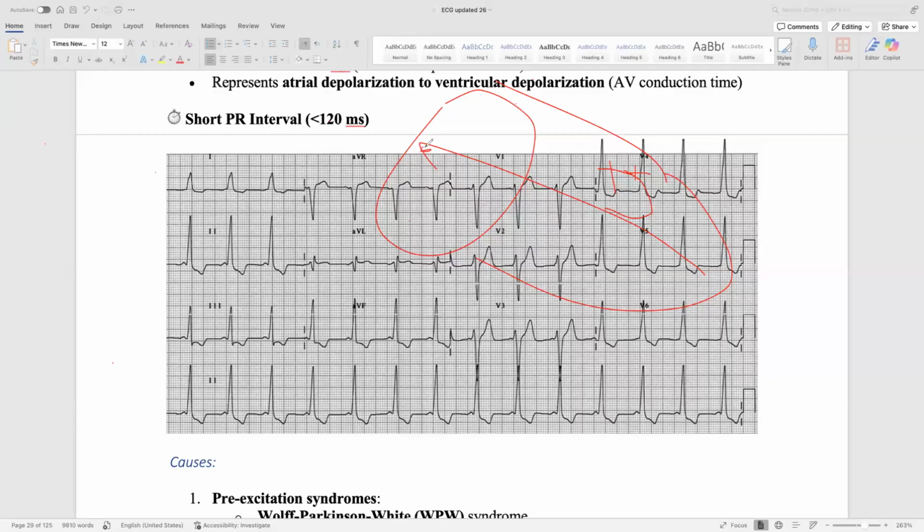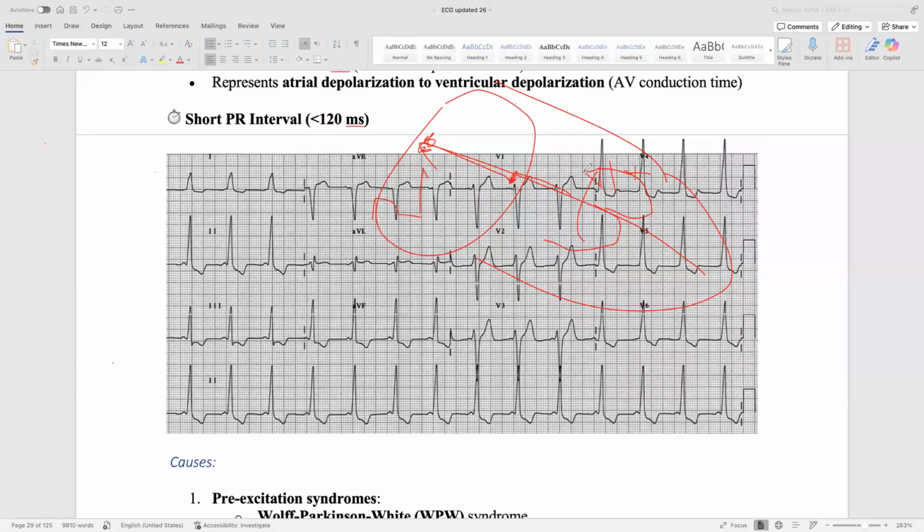If there is death of the bundle, the electricity will come from the SA node to the AV node, P wave. Coming here, going here this way, right, will be like this. It will start to repolarize, but the left is not depolarized yet.